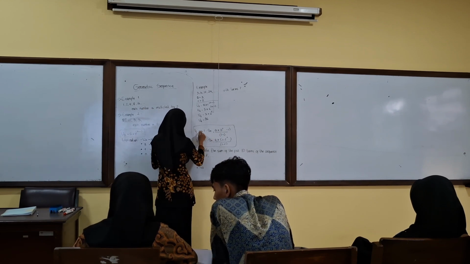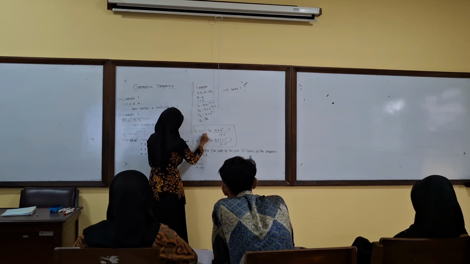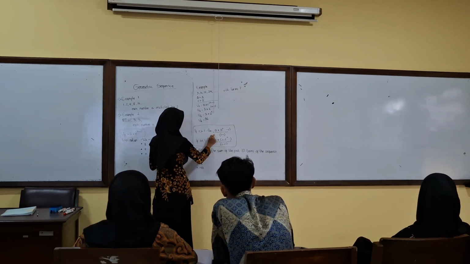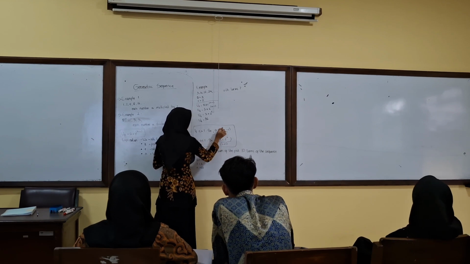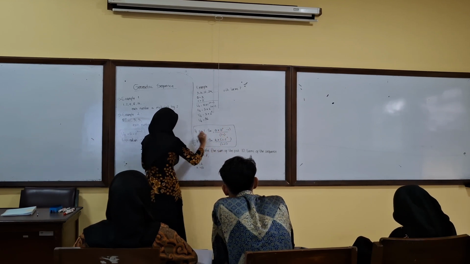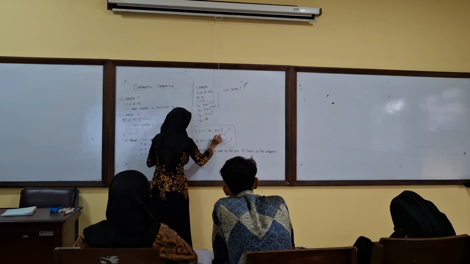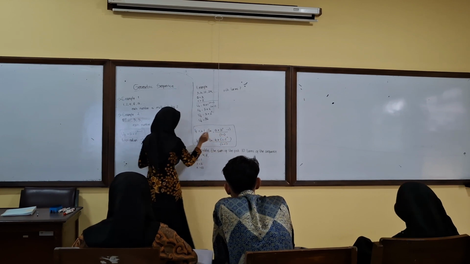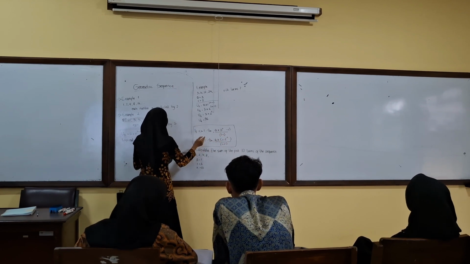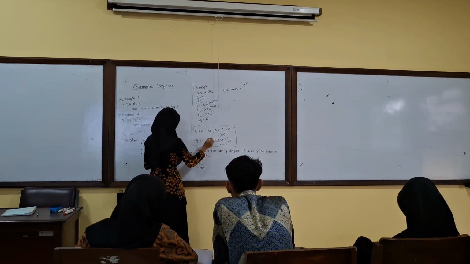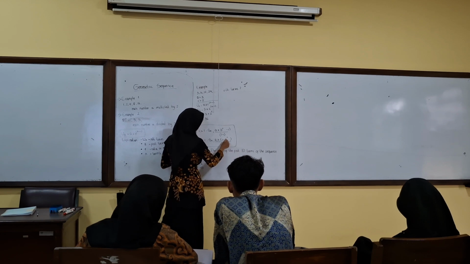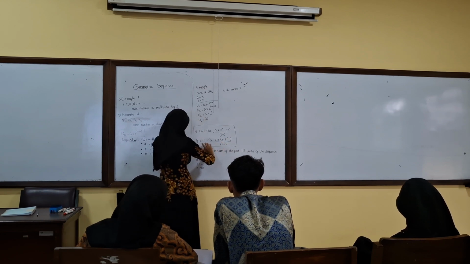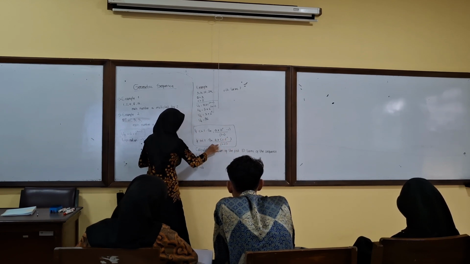If r is greater than 1, Sn equals a times r to the power of n minus 1, divided by r minus 1. If r is less than 1, Sn equals a times 1 minus r to the power of n, divided by 1 minus r.